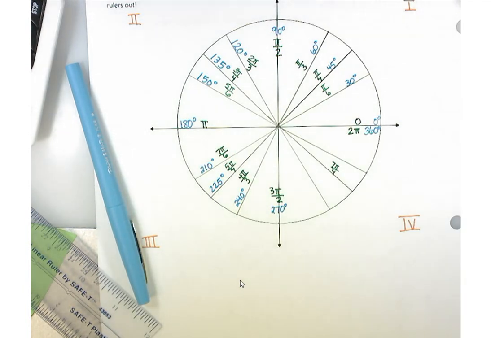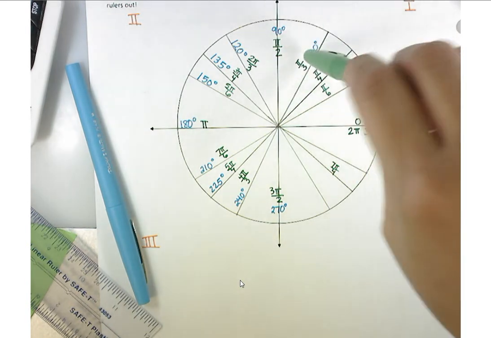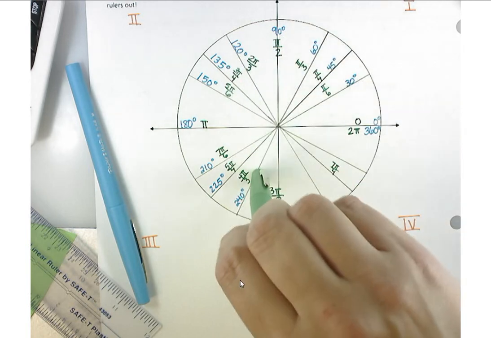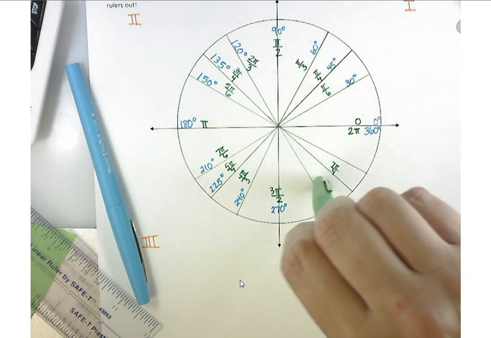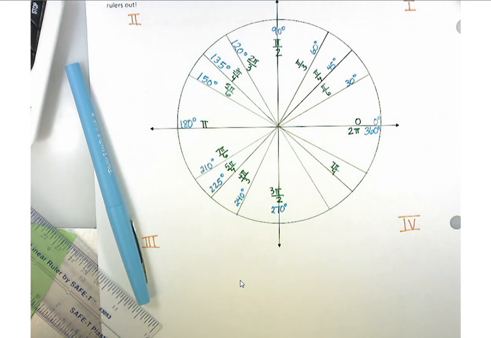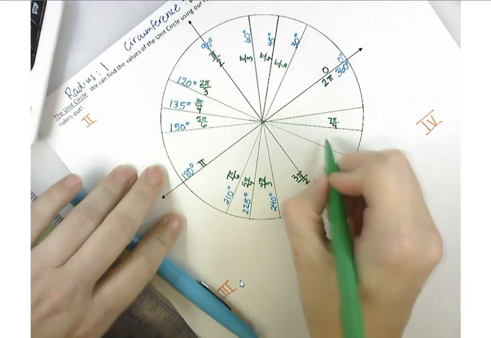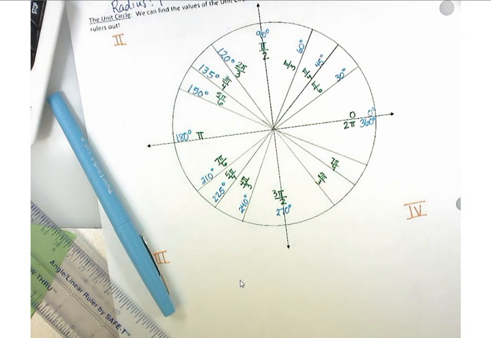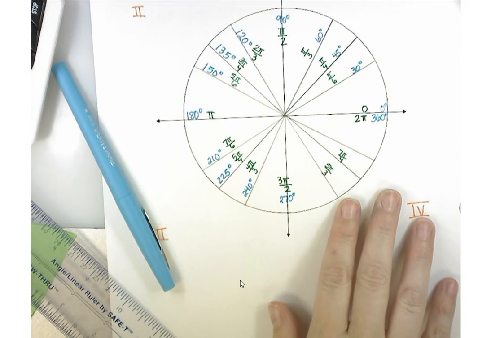Okay, and then I want you to notice something else. Look at these reflections. Pi over 3, 2 pi over 3, 4 pi over 3. What did this one end up being? 5 pi over 3, right? So if the line is reflected, they're going to have the same what? Denominator.